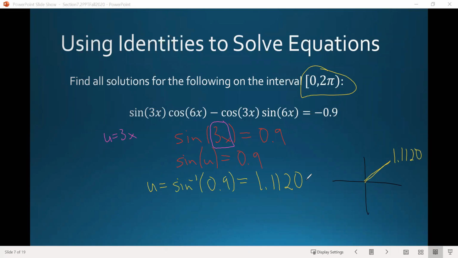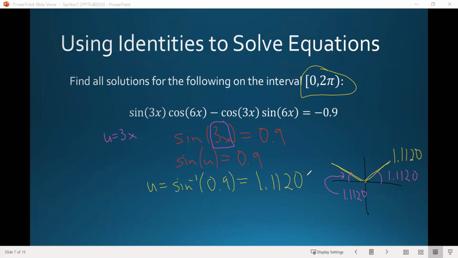And because we're finding answers on the interval 0 to 2 pi, we should have a second answer somewhere where sine is also positive, which in this case would be in the second quadrant. Because our answer here is in the first quadrant, it's also equal to the reference angle, which is going to give us our reference angle for the second angle. So that will also be 1.1120.